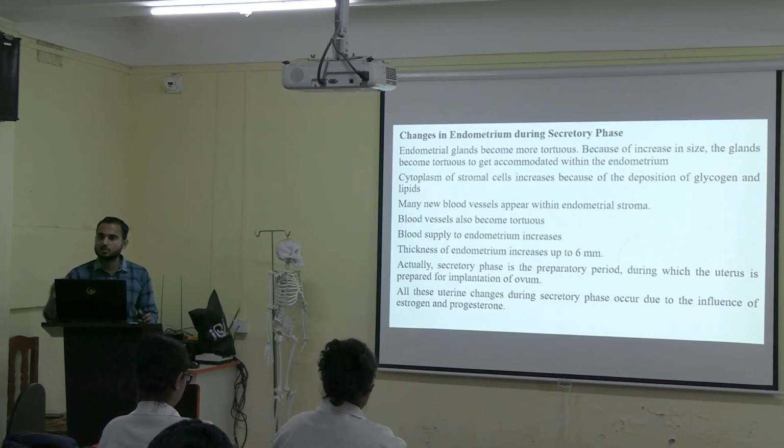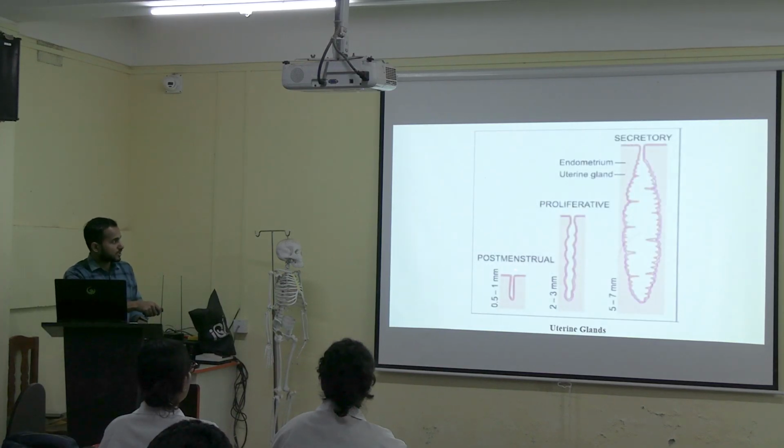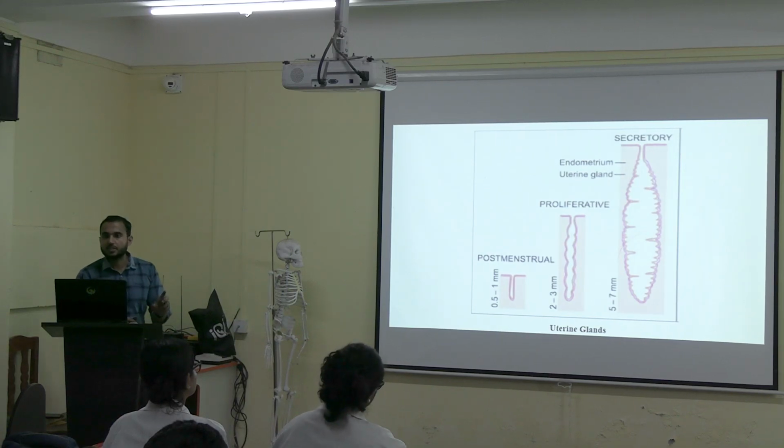Here you can see the post-menstrual phase, proliferative phase, and secretory phase. Just see the differences between the glands. Size, shape, and content, these three things are changing in these three phases of the menstrual period, especially in the uterine glands.